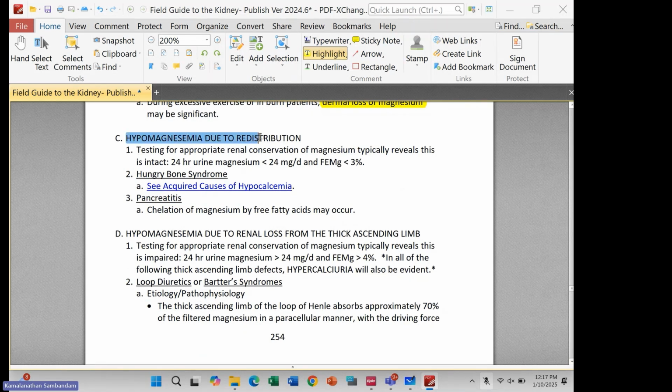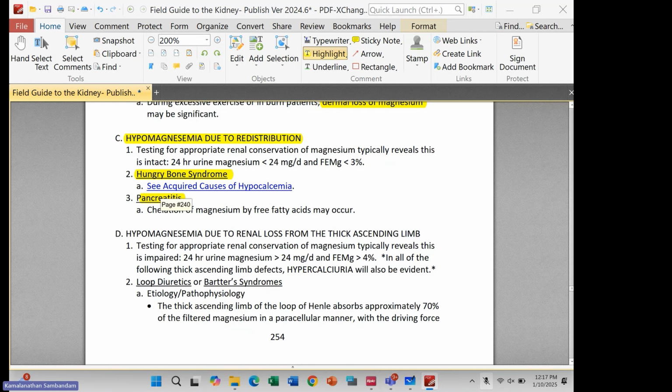Moving on to redistribution as a potential cause. I've already stated this briefly in the algorithm above. Hungry bone syndrome, pancreatitis. Once again, think about hungry bones being a form of redistribution, hypocalcemia or pancreatitis. That's in your differential for hypocalcemia as well.